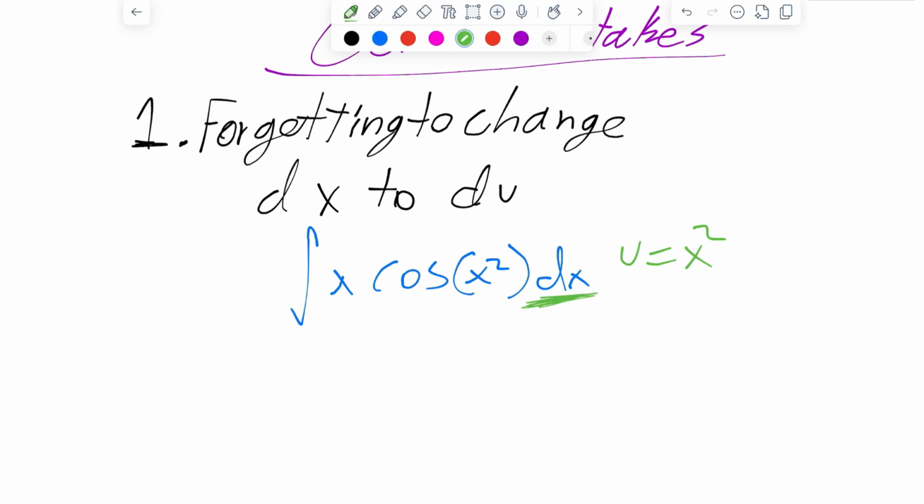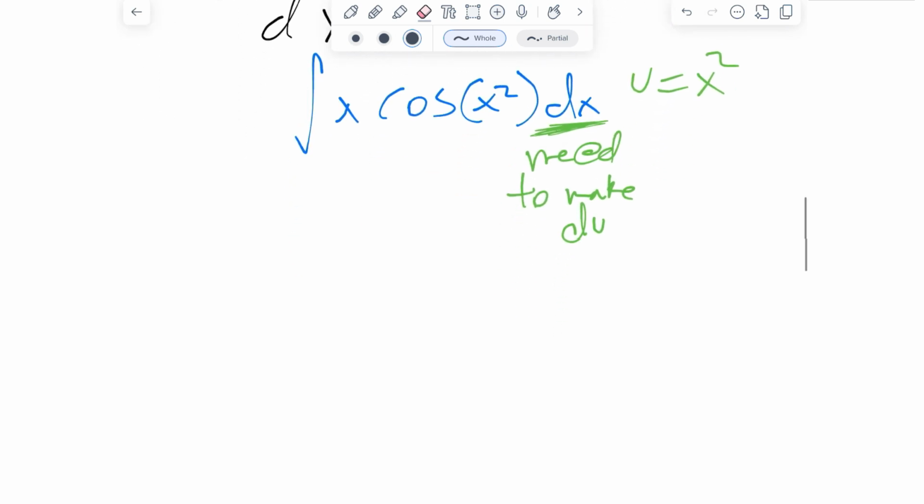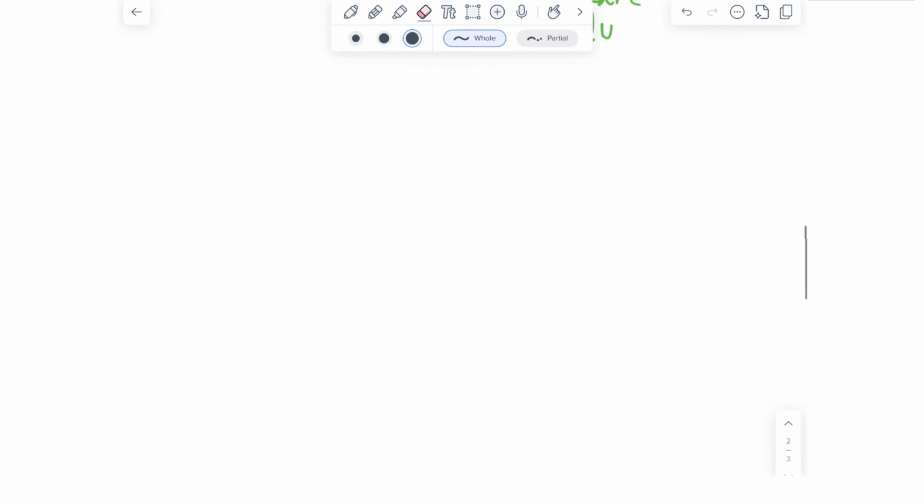So if we forget to change this dx to du, we're basically removing that 1/2 out of the entire integral. And by doing so, you're not going to get the correct answer on the actual exam. So always remember to substitute the u value and the du value into the dx, just to make sure you're all okay during the exam.